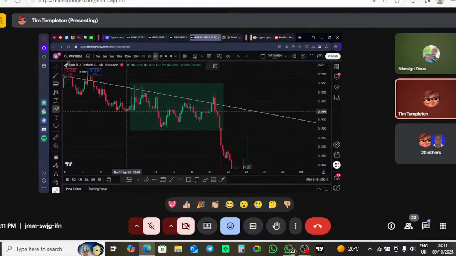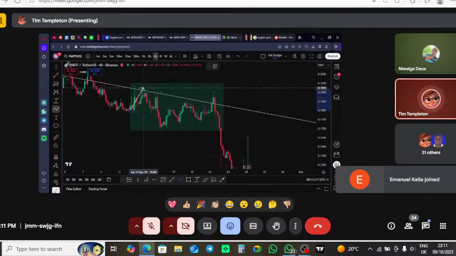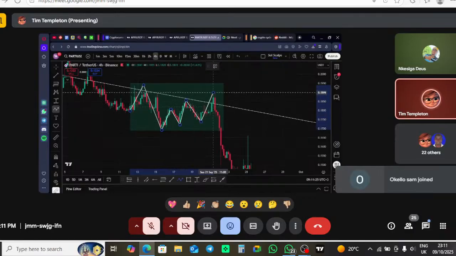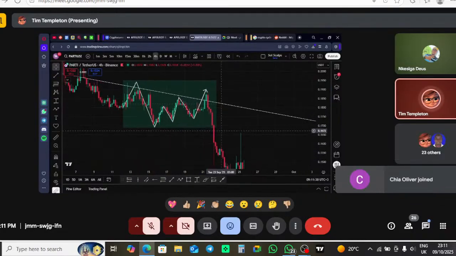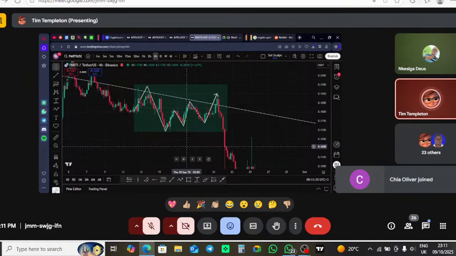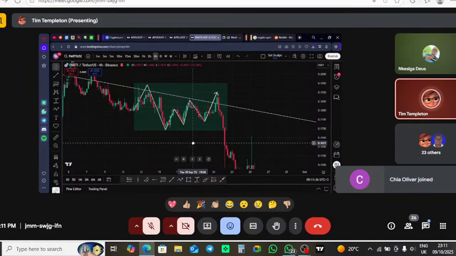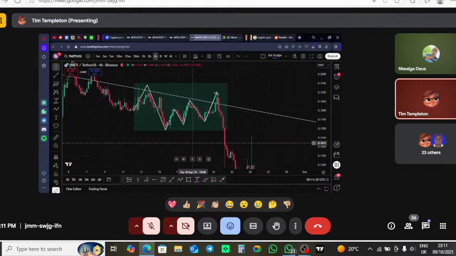The market came in, went up, came down, went up, came down, went up, came down. So what is literally happening here is that in the market there are always buyers at the same time, and there are always sellers at the same time. And both of them place orders in the order books, whichever exchange they are trading from.